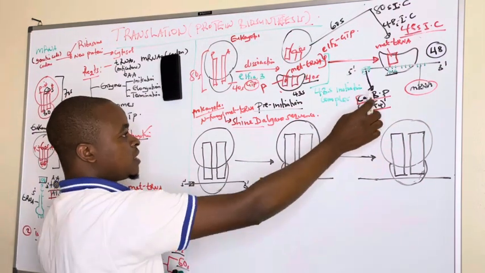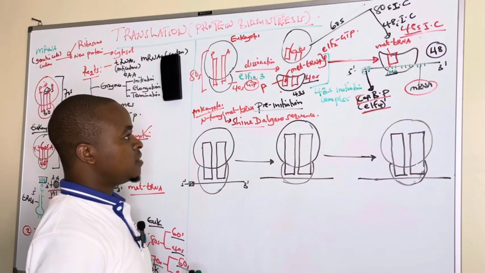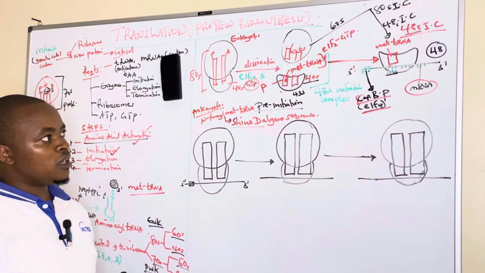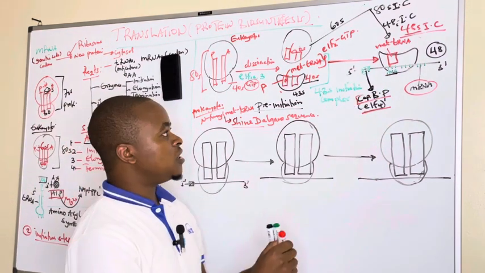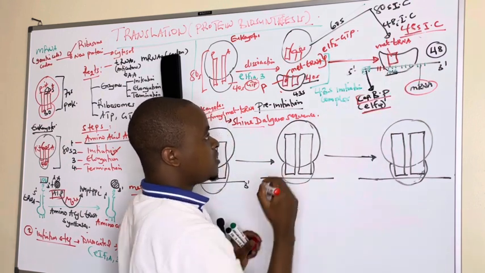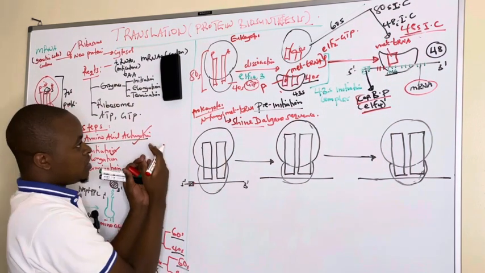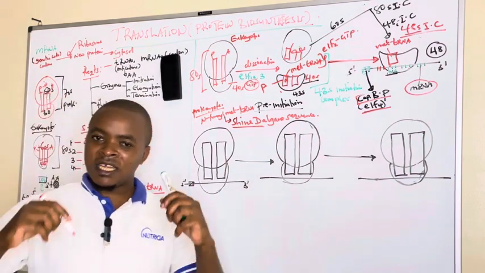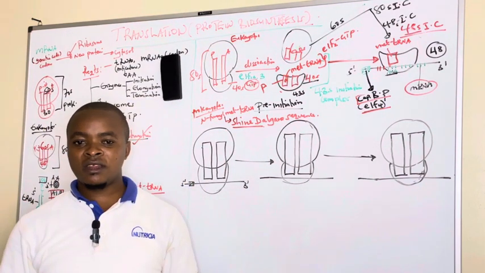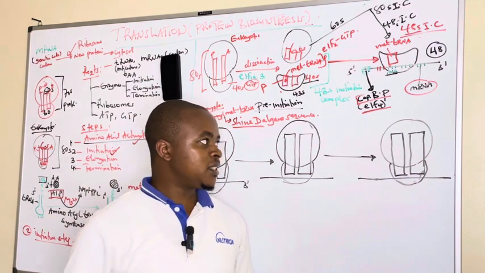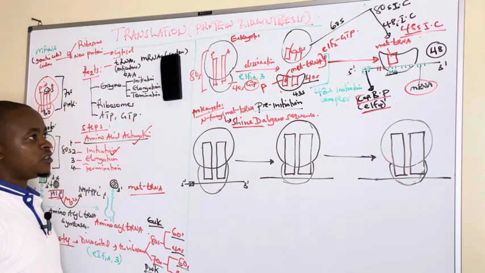So in eukaryotes, it is the cap binding protein, but in prokaryotes, it is the Shine-Dalgarno sequence, which appears before AUG. It enables the transfer RNA carrying N-formylmethionine to recognize the start codon, which is AUG.